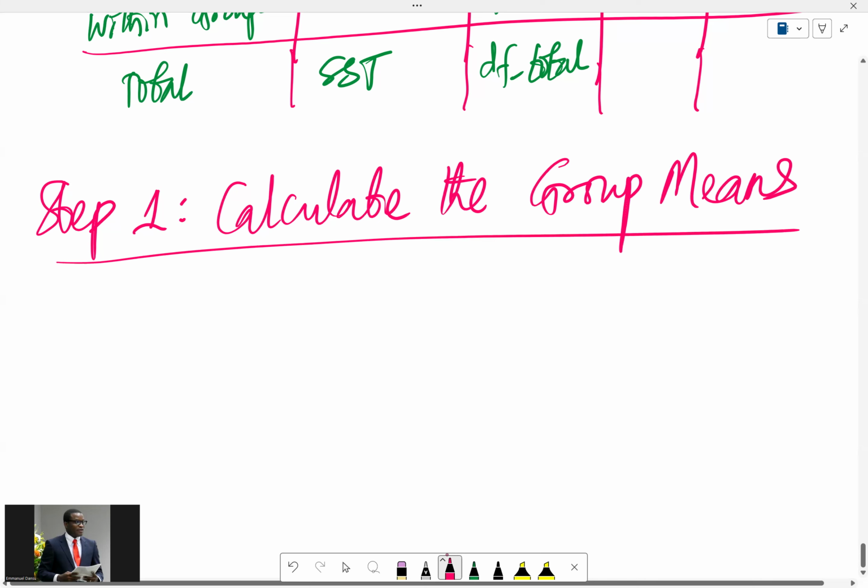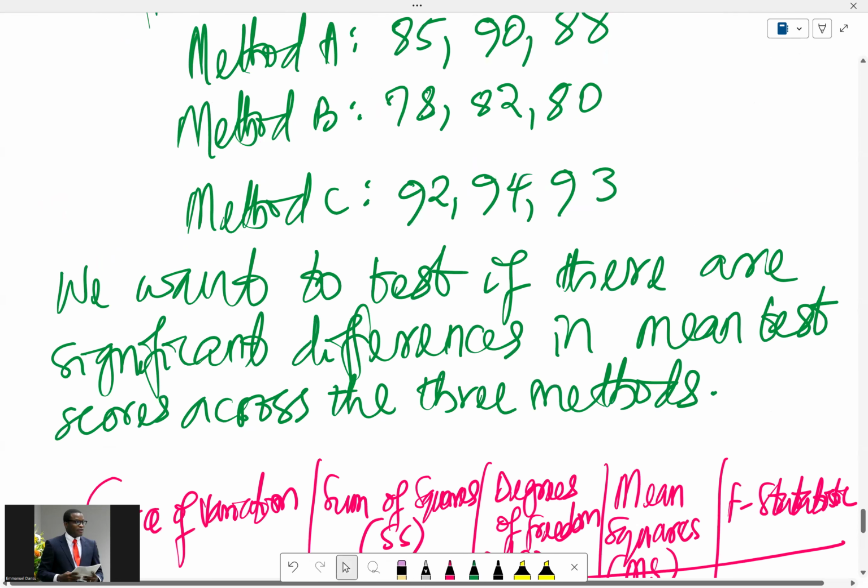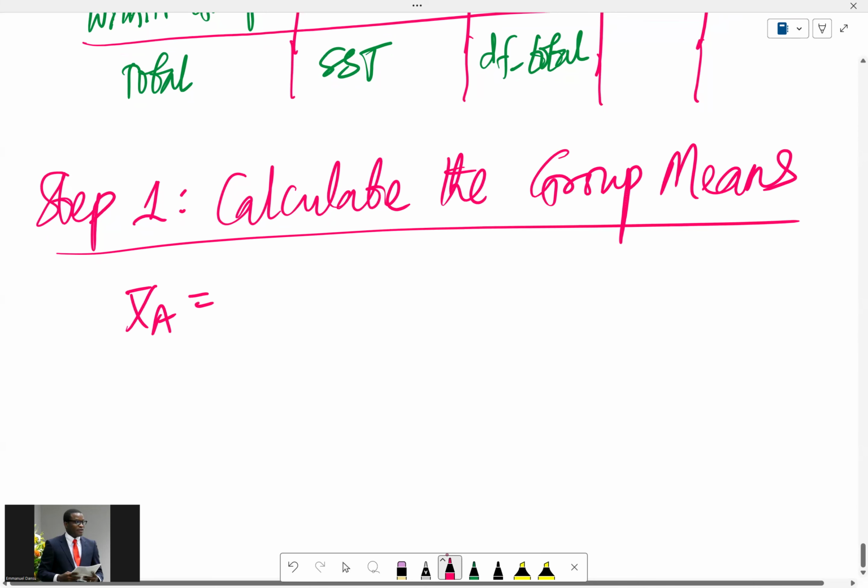That's step one. So there are three groups, right? We have 85, 90, 88. So let's just do all that. X A bar is simply 85 plus 90 plus 88 divided by 3.